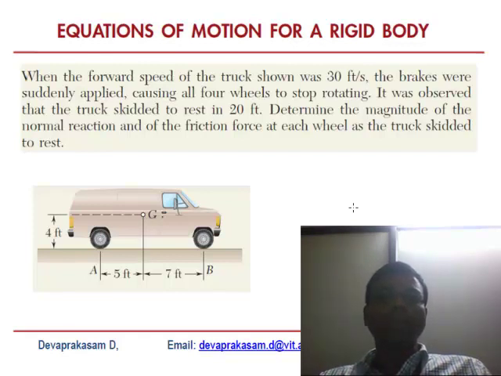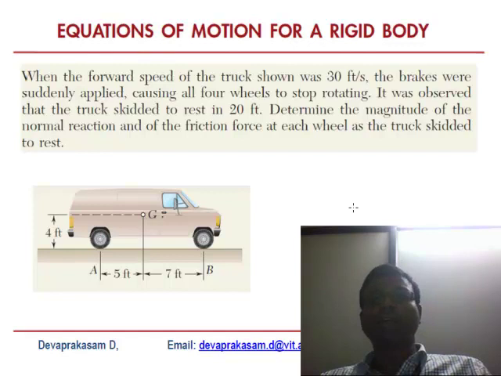Before that, you're supposed to apply the equation of motion to find the acceleration in the x-axis. As soon as you apply the brake, there is a deceleration, and it has to travel 20 feet to come to rest. So you take into account the initial speed and v square equals u square plus 2ax.